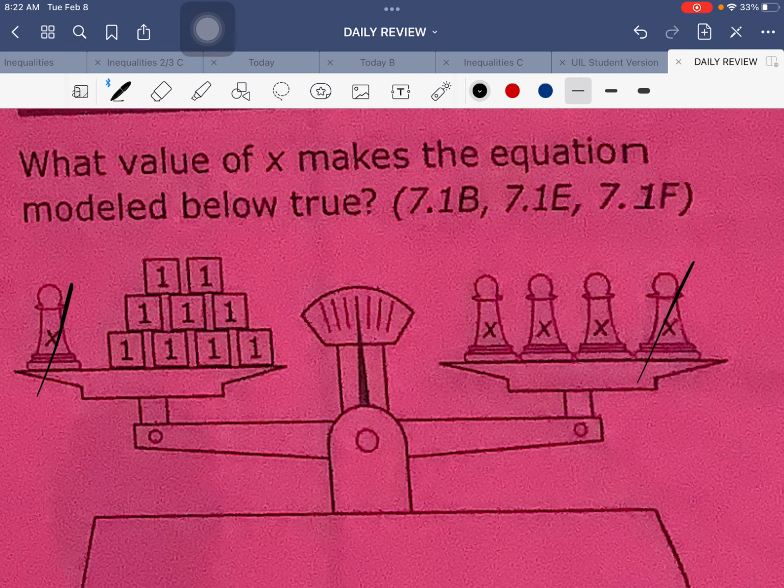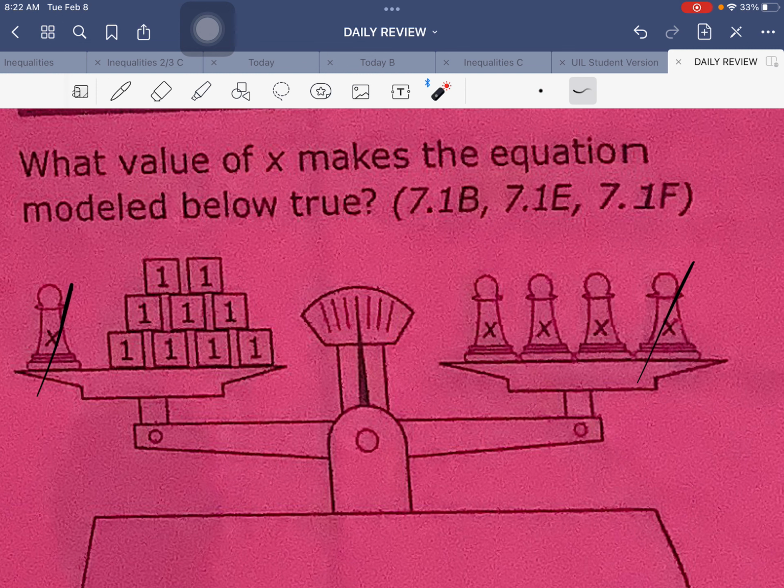Okay. Now, what do I have now? 3 x's and 1 x. How many x's do I have? 3.